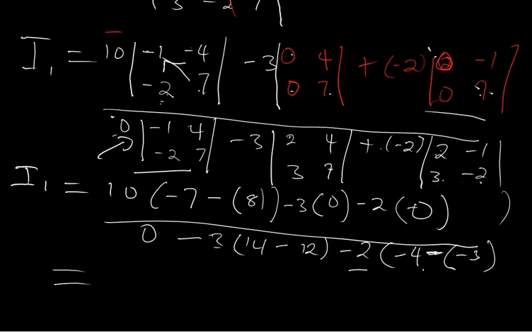So let's proceed. This is 0, this is 0, they are gone. So I'm left with this. It's going to be turned into minus 7 minus 8. That should be minus 15.